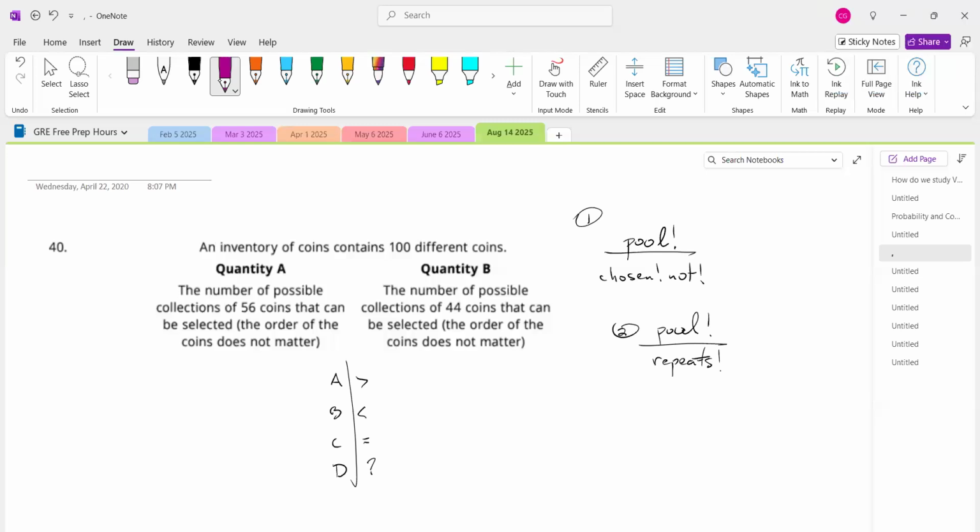So this problem, which phrasing of the formula feels more natural for this problem? Pool over chosen, not chosen, or pool over repeats? The first one. Pool over chosen, not chosen?